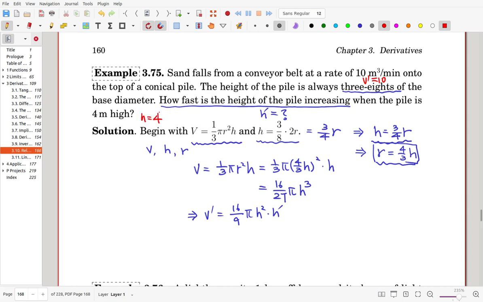So we are using this data. Then 10 equals 16 over 9 pi, and h is 4 squared, times h prime. Out of this one you can find h prime. That is simple algebra. You can do it yourself.